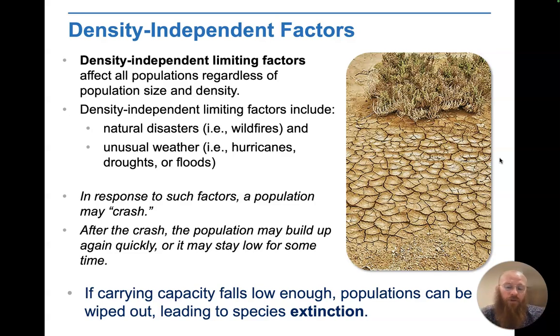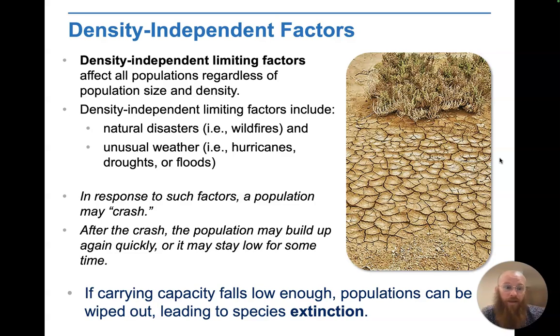And it's important also to understand that if carrying capacity happens to fall low enough, or the effect of these density independent limiting factors is large enough, populations can be completely wiped out, leading to species extinction, right? One natural disaster that is a really famous example is the dinosaurs going extinct, right?